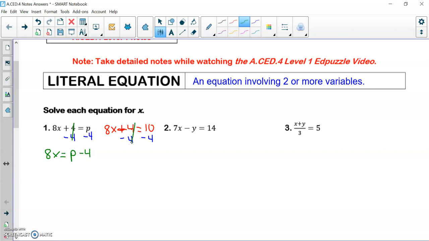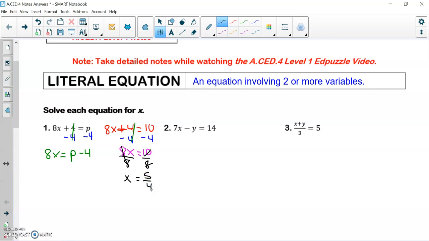In this equation here, I'd end up with 8x is equal to 10. The next step is to divide by 8 on both sides in this normal equation. Then I would have x is equal to 10/8, and both are divisible by 2, so that would be 5/4.